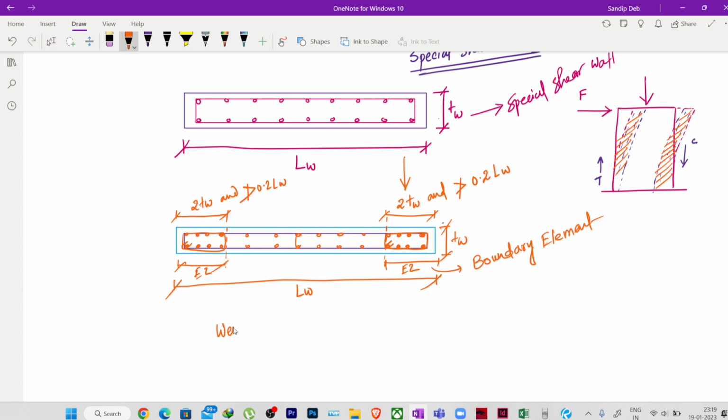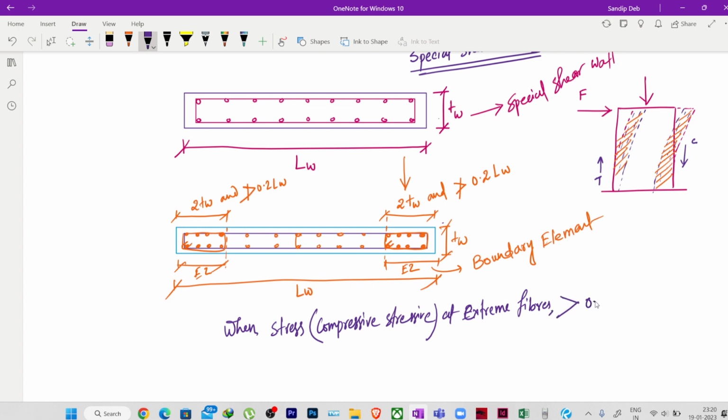So when the stress, or specifically the compressive stress, at the extreme fiber is greater than 0.2 FCK, where FCK is the grade of concrete.